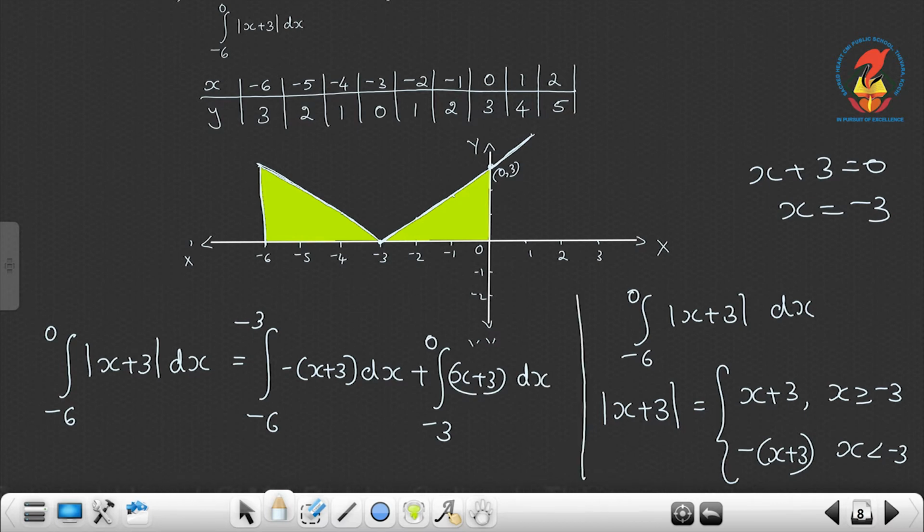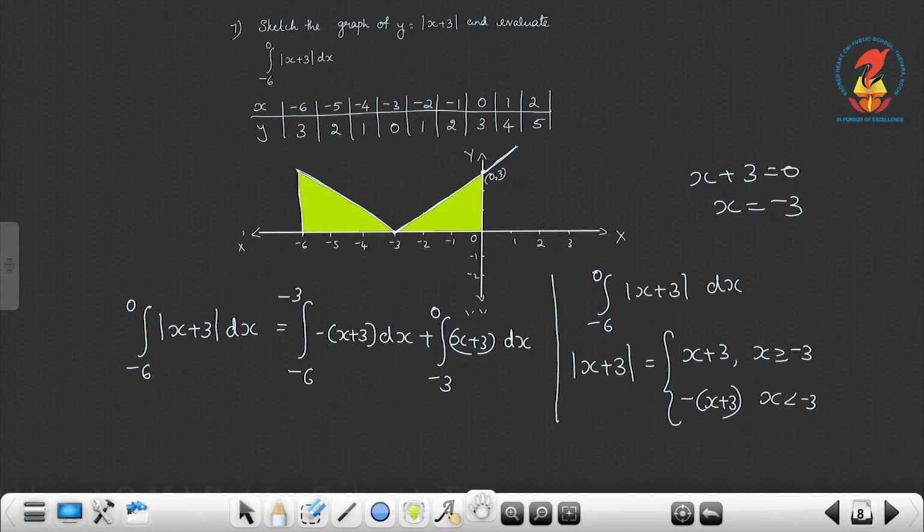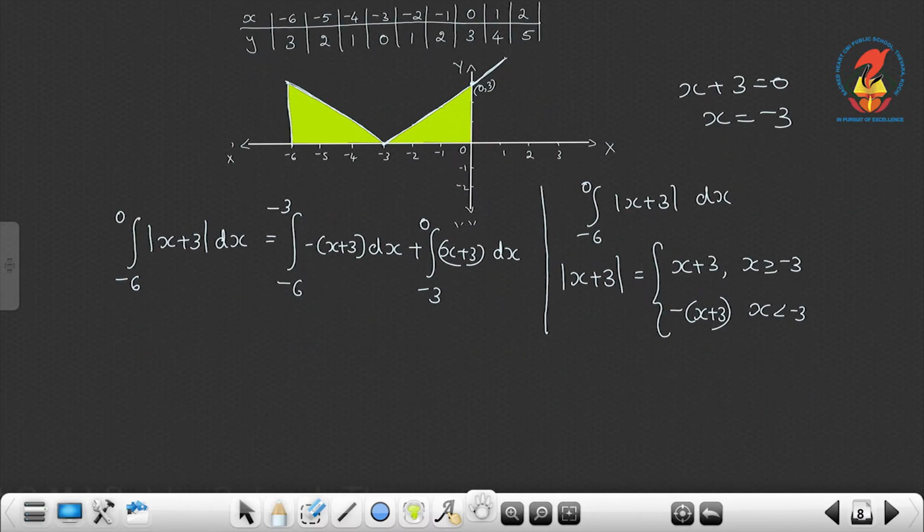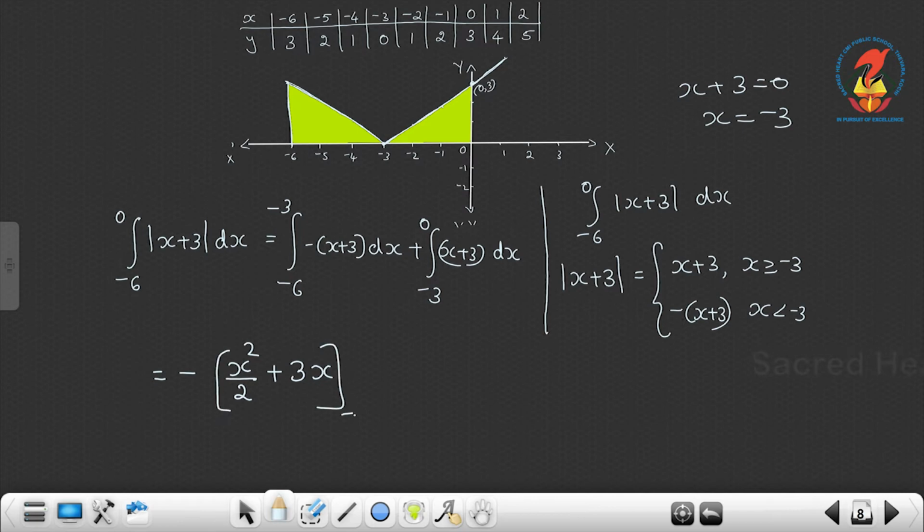Okay. Now, integrate. So, minus we can take out, minus x is x square by 2 and 3 is a constant. 3 dx integral is 3x between the limits -6 to -3, and plus x square by 2 plus 3x between the limits -3 to 0.